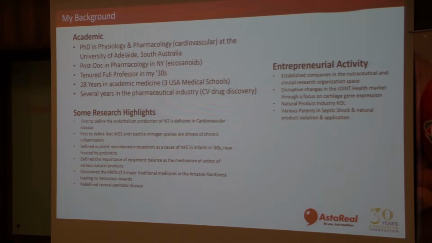I moved on to do a lot of other nitric oxide work, particularly as it relates to inflammation. And I worked in a lot of different areas: gastroenterology, sepsis, infant nutrition, fetal development, arthritis, kidney, skin, some neurology, and stomach cancer. I had one of the highest rated grants in the history of the NIH for stomach cancer.